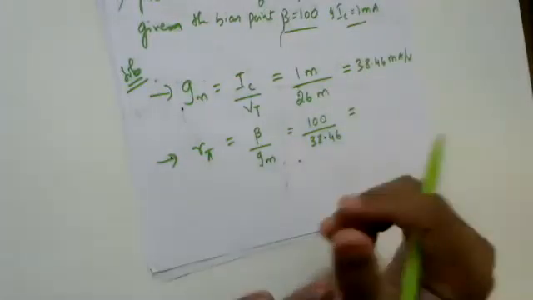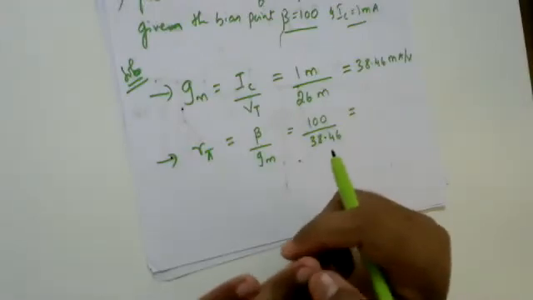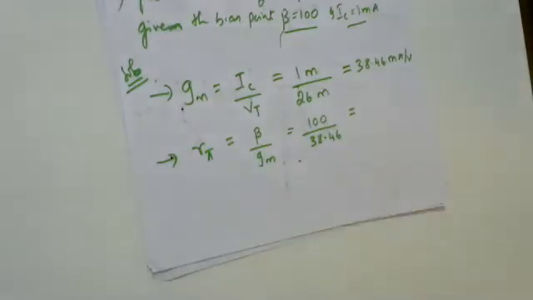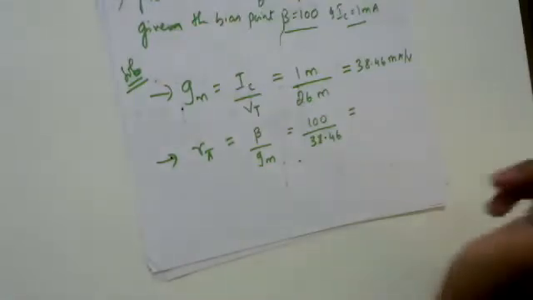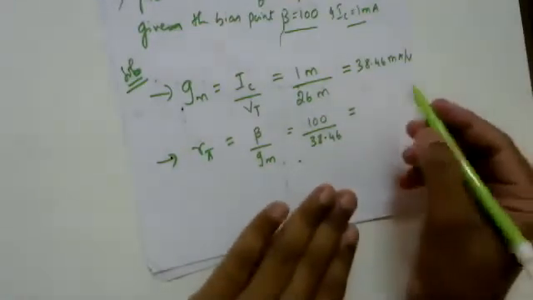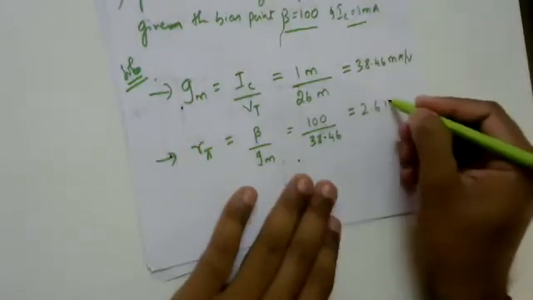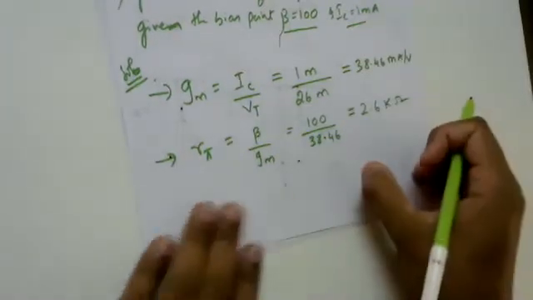And what is the value of this R pi? Give it in terms of proper SI units and multipliers. It is 2.6 kilo ohms. 2.6 kilo ohms.